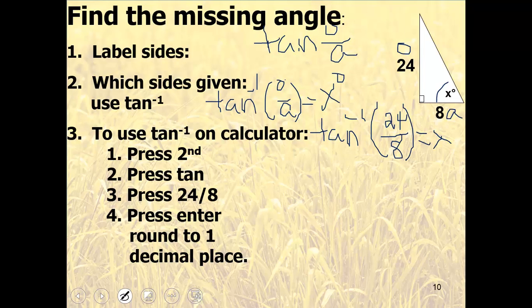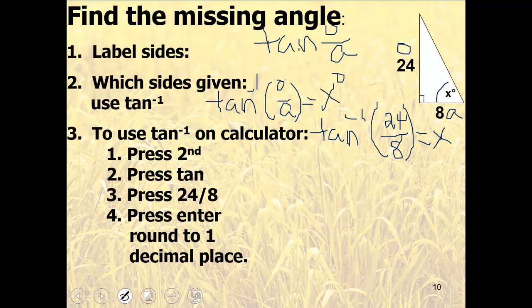Just like so. And then I'm going to go back to my calculator. And I'm going to use it. And I'm going to press the second key, then the tangent button. That activates inverse tangent, tan -1 parenthesis, and I'm going to plug in my values, 24 divided by 8. Close it off with a parenthesis and hit enter.